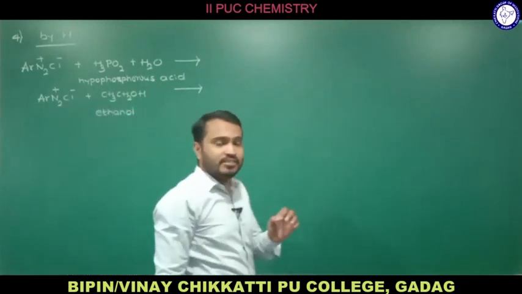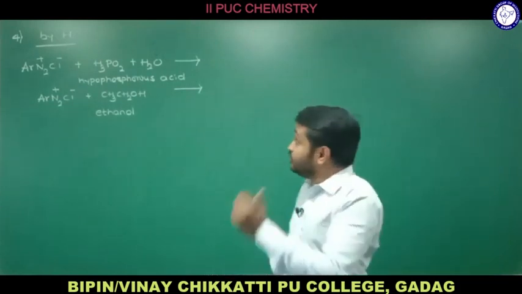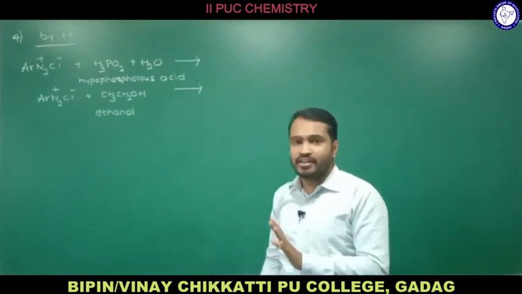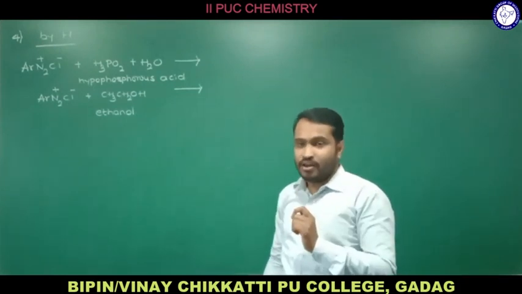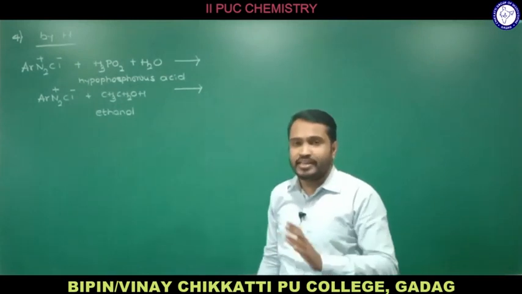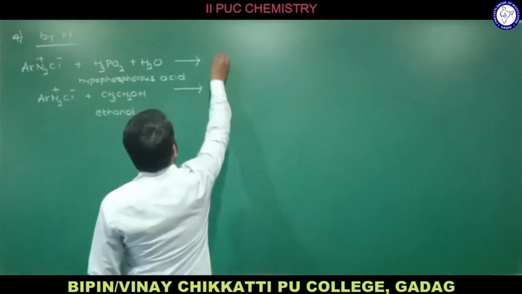These two reagents act as mild reducing agents. These two reagents reduce arene diazonium chloride to benzene, or I can say the nitrogen of diazonium chloride is replaced by hydrogen.